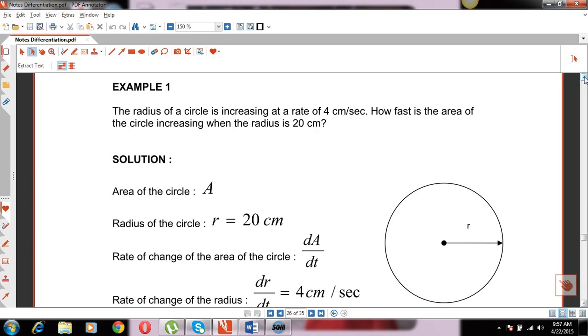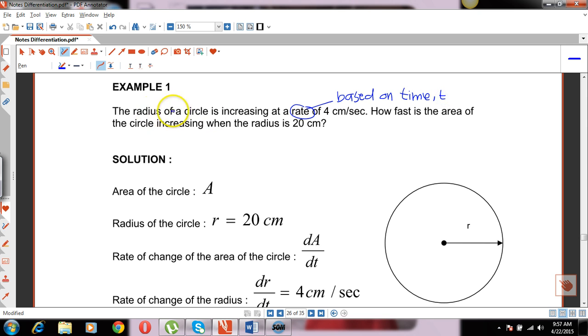Assign symbols and abstract from the formula, from the problem. The radius of the circle is increasing at the rate of 4 cm per second. So we have rate here, meaning that this is based on time.